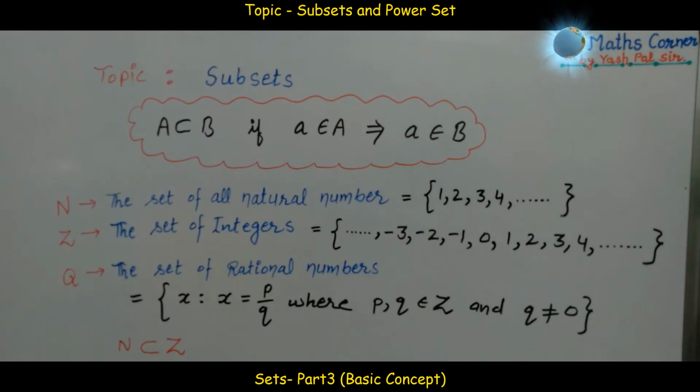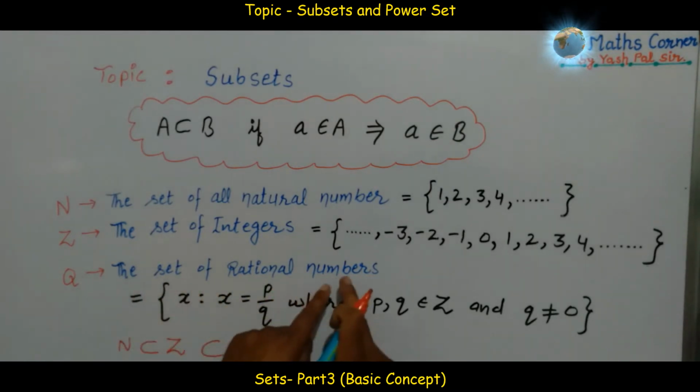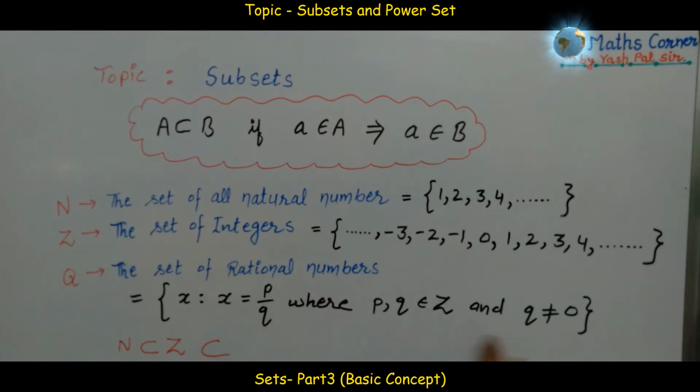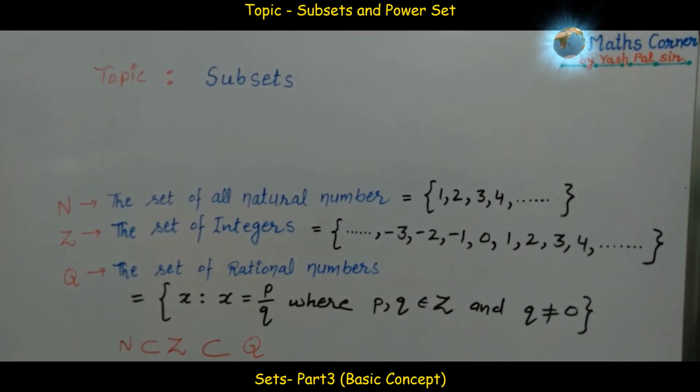Moreover, we can say Q, the set of rational numbers, contains all the integers also. So Z is a subset of Q. Similarly, we can say about irrational numbers as well as real numbers.